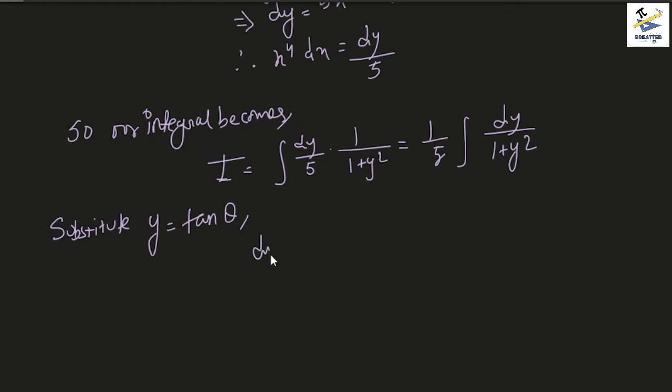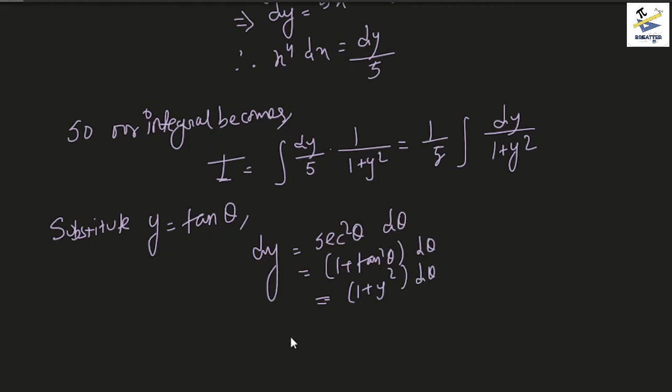Then dy would be equal to sec square theta d theta, if you remember the derivative of tan theta, and sec square theta is just 1 plus tan square theta d theta, and as you know 1 plus tan square theta is just 1 plus y square d theta. So therefore taking this on the left hand side, we get dy by 1 plus y square equals d theta.